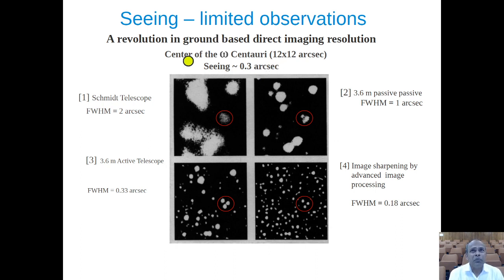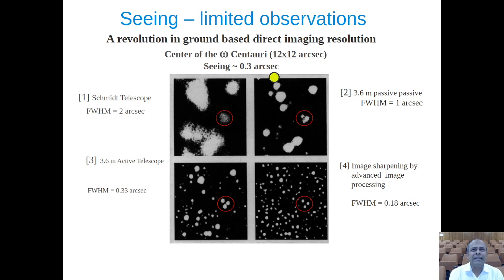So for example, this active optics technology came in the year 1989, and this was a revolution in ground based direct imaging, optical imaging with optical telescopes.